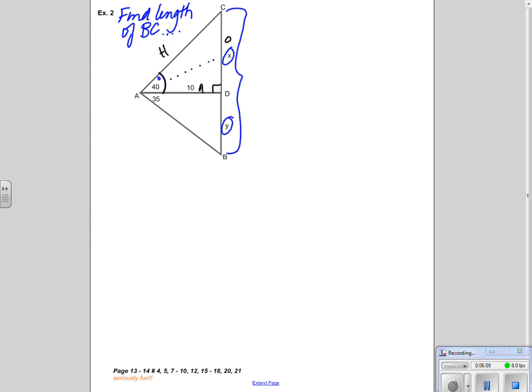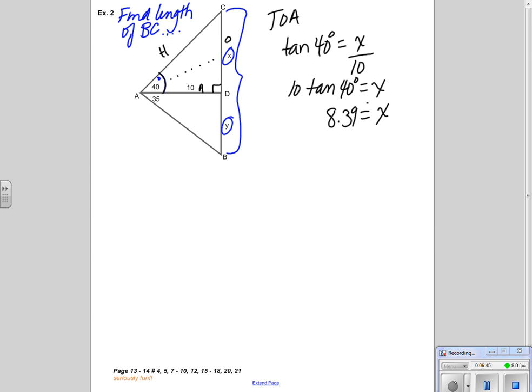So since I have the 10 and I want the opposite, I'm going to use the tan ratio to find length x. So tan of 40 degrees equals opposite, which is x, over adjacent, which is 10. To solve for x, I'm going to multiply both sides by 10. So 10 tan 40 equals x. And using my calculator, I get about 8.39.